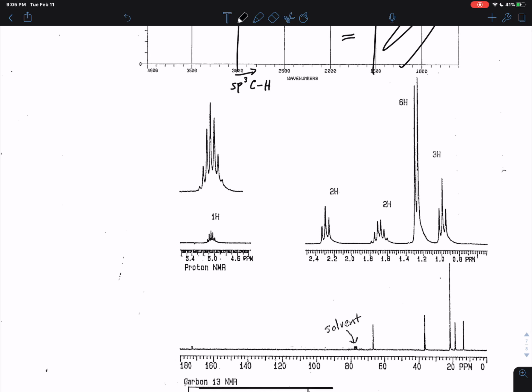What I like to do is make my way from right to left and figure out what pieces are present. And then we'll focus on how they're connected, okay? So an integration number of 3 is going to tell us we have a CH3, right? What do you guys think about an integration number of 6H? Are we going to have a CH6 or something?